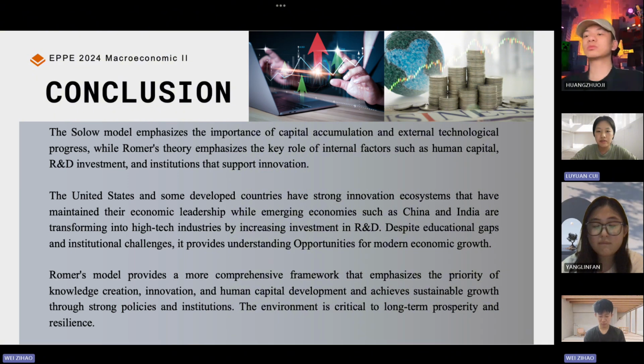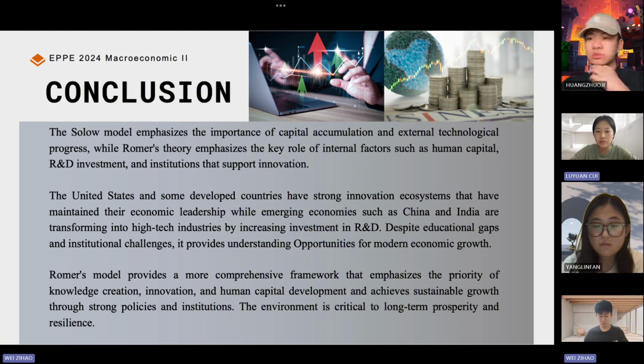The US and some developed countries have strong innovation ecosystems that have maintained their economic leadership, while emerging economies such as China and India are transforming into high technology industries by increasing investment in research and development. Despite educational gaps and institutional challenges, it provides opportunities for economic growth.